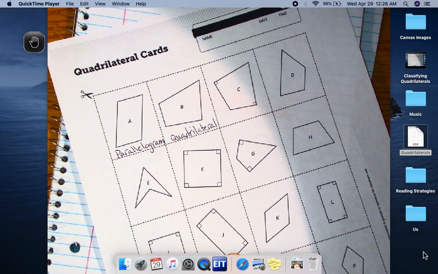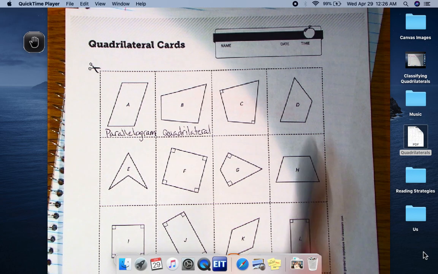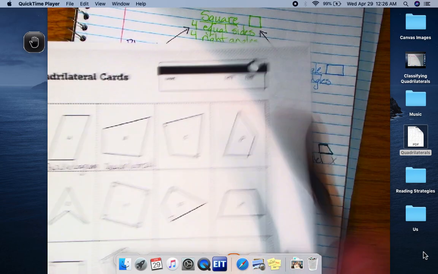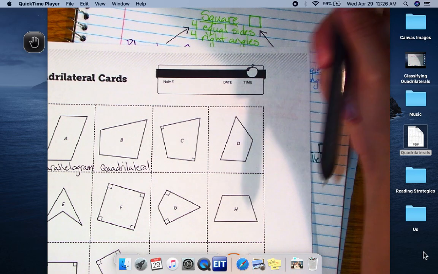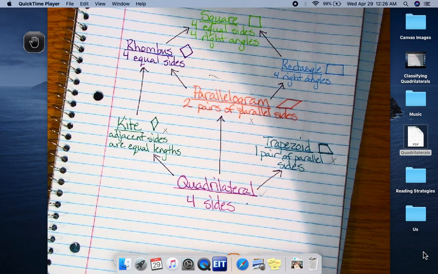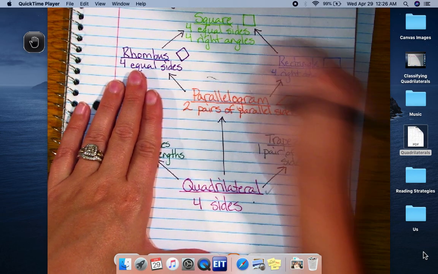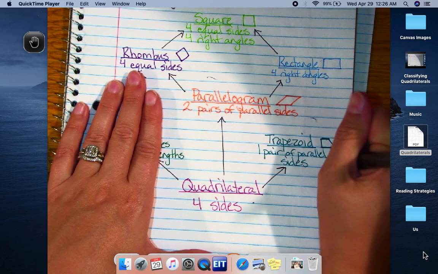Let me do one more for you. Let's look at option D. All right, with option D. And let me see if I can say this in another way that might make sense if you're still feeling a little lost.